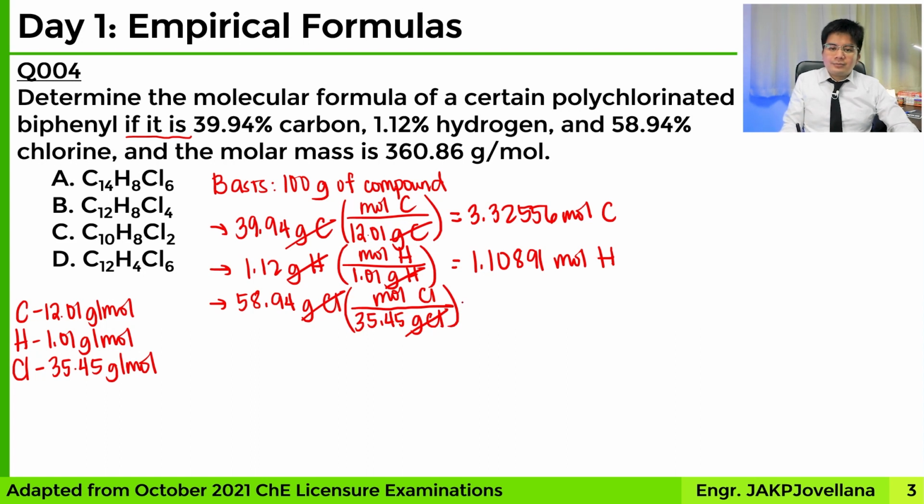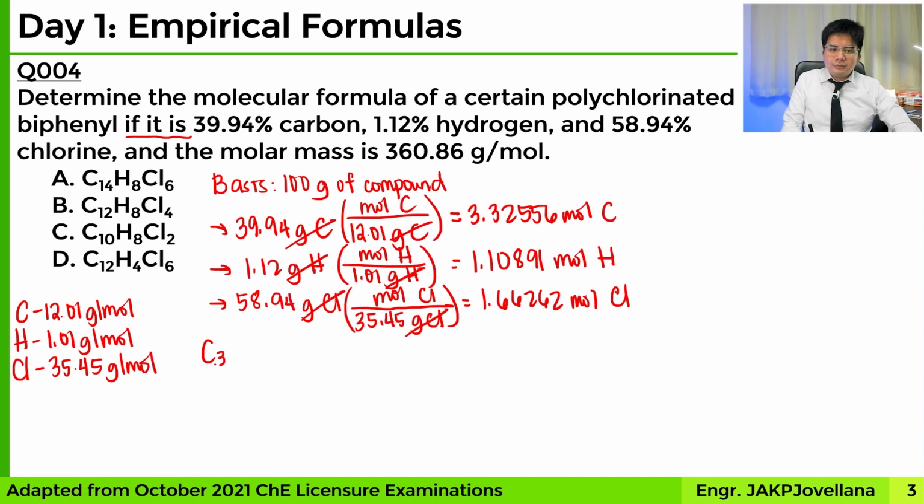And then lastly, 58.94 grams of chlorine divided by 35.45 grams of chlorine per mole of chlorine, we have 1.66262 moles of chlorine.